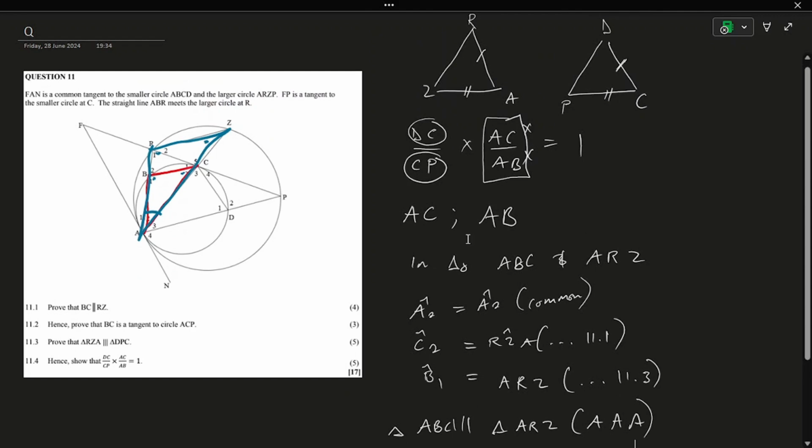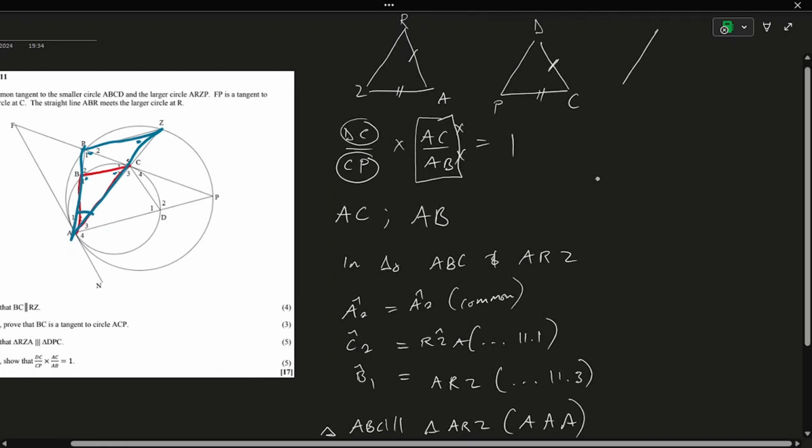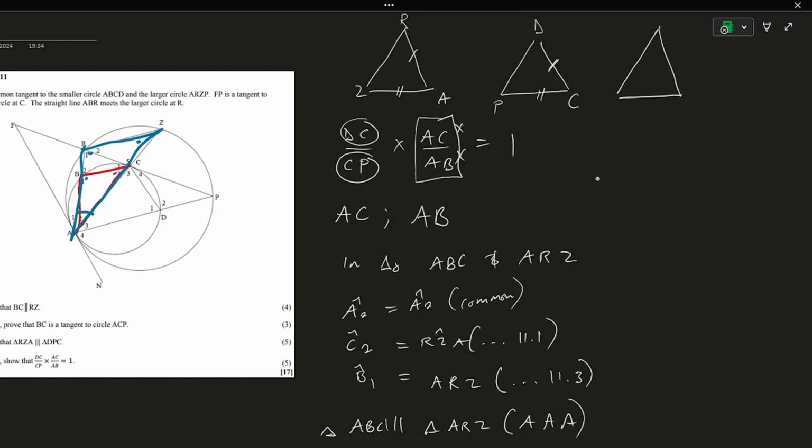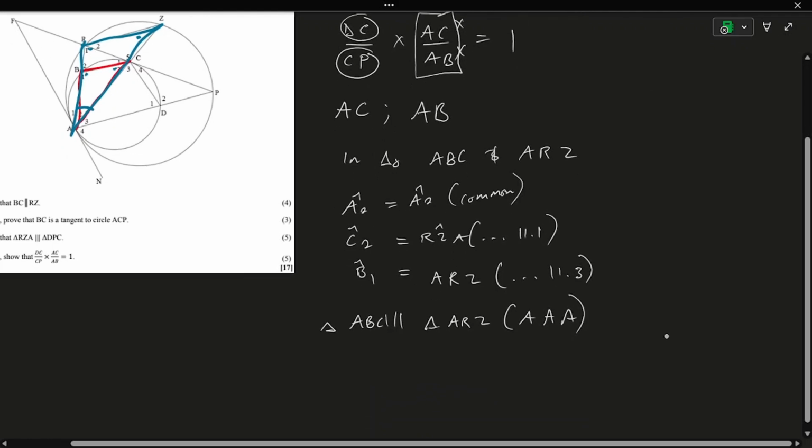So this means that we can come back and say in the triangles that we have, we now also have triangle ABC. But remember, I said order is very important. The way you write your triangles is very important. We want this order to be RZA.